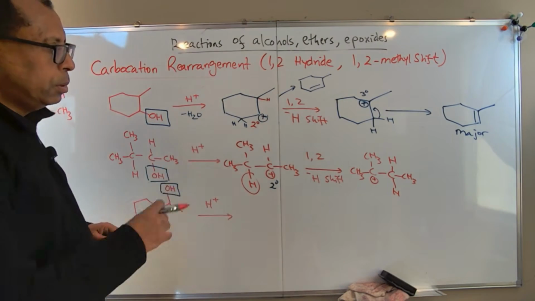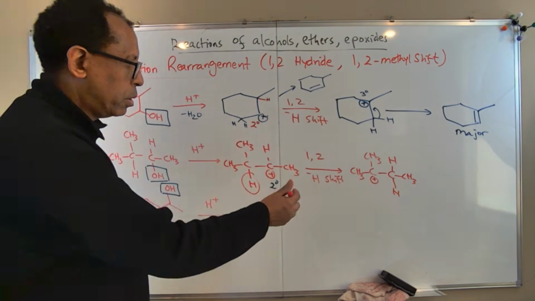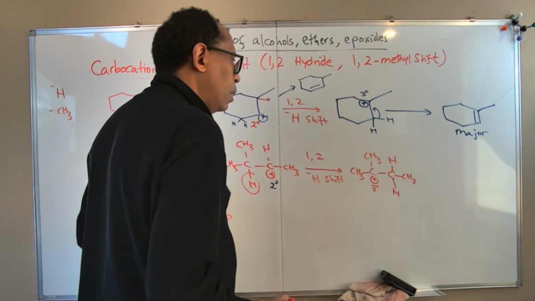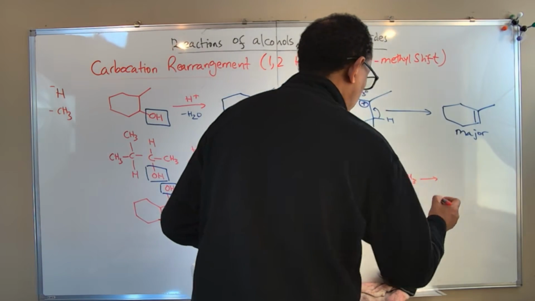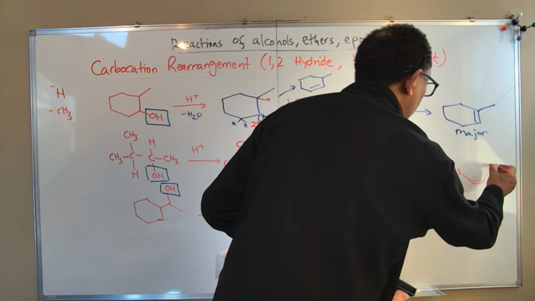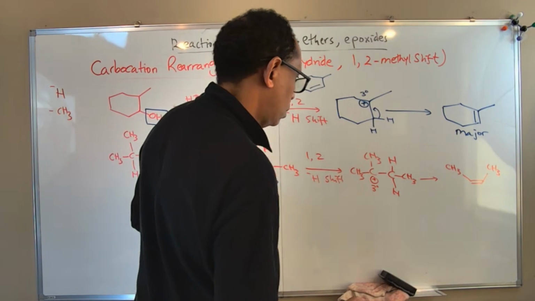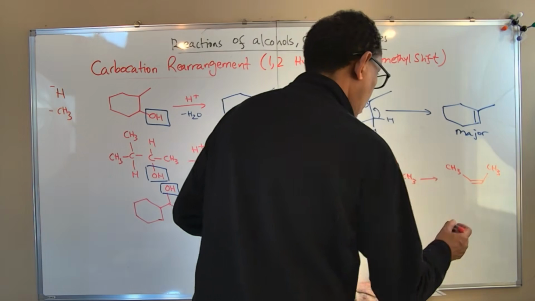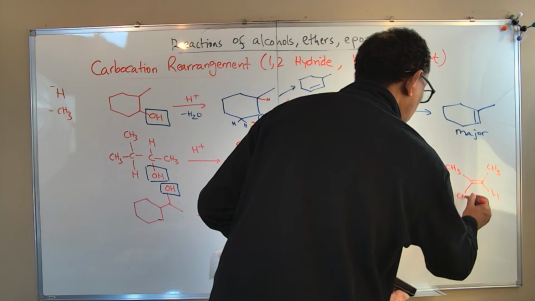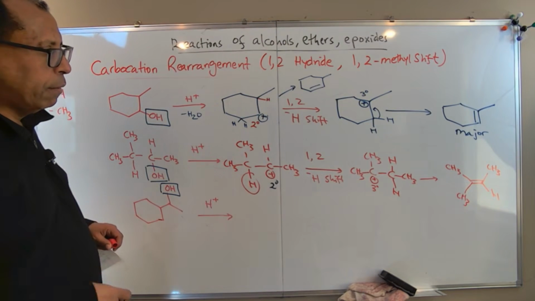So now you'd see a product that looks like this, a more stable tertiary carbocation. The major product from this would be this, and one H actually here. This would be the major product after carbocation rearrangement.